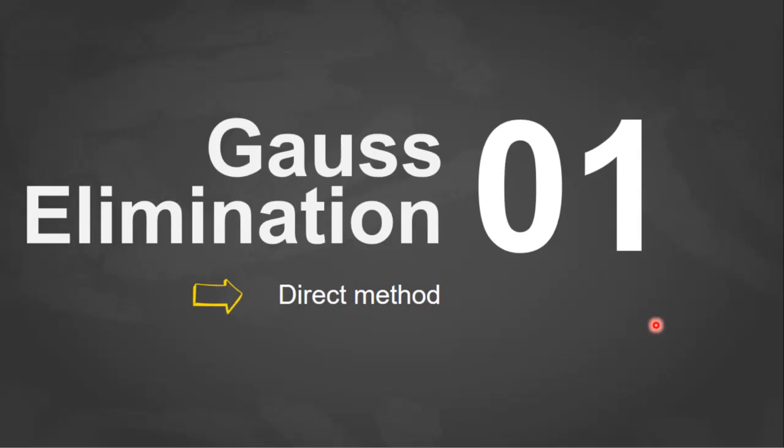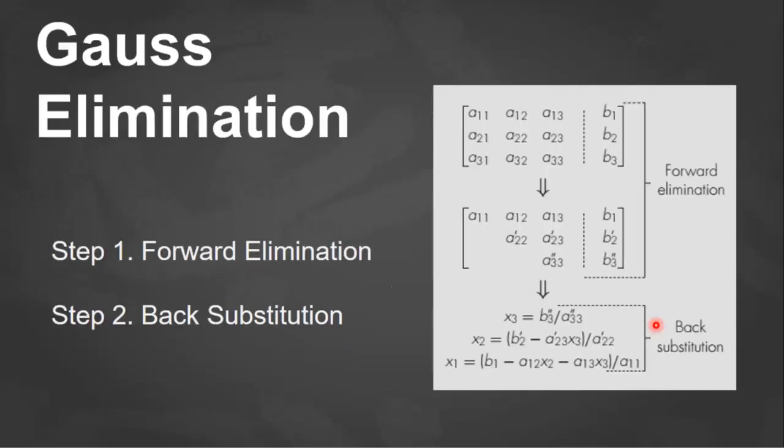Now let's come to Gauss elimination. The procedure for Gauss elimination involves only two steps: forward elimination, then back substitution. In forward elimination, we manipulate the set of equations to eliminate the unknowns until one equation has only one unknown.